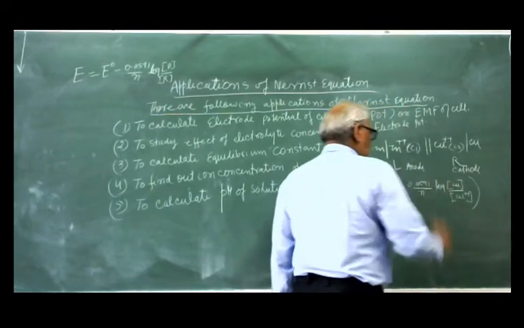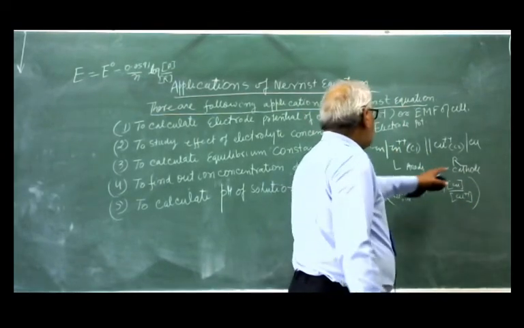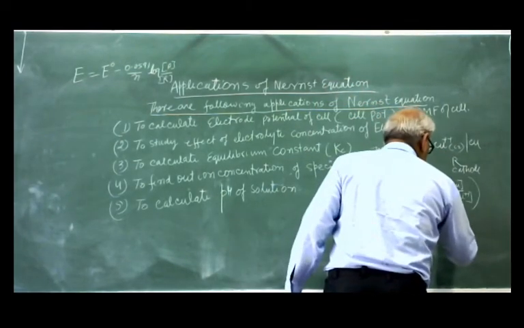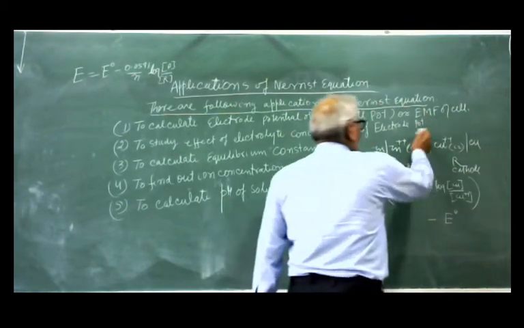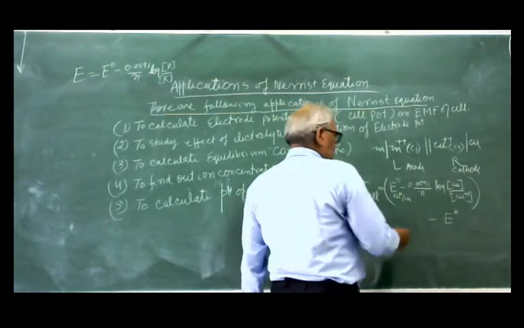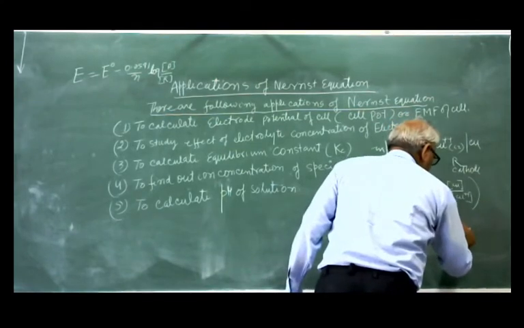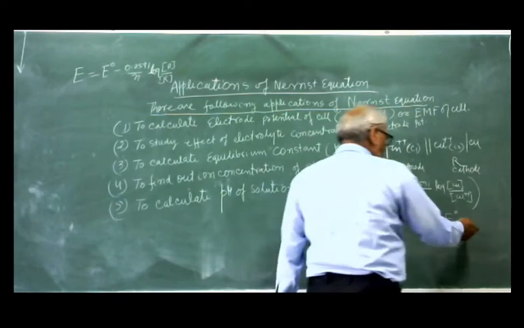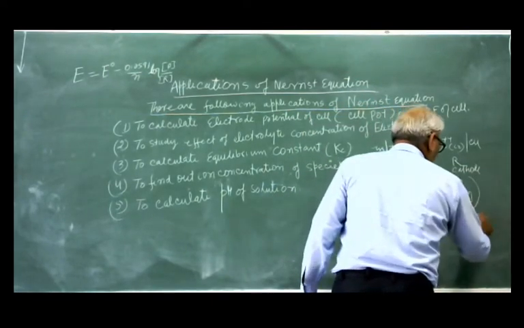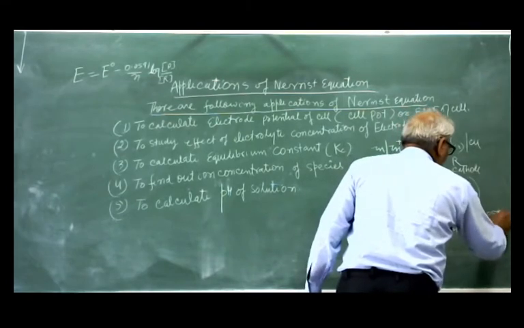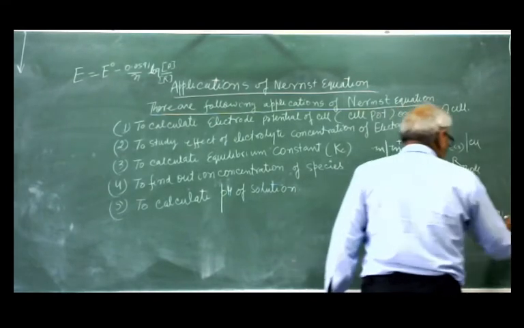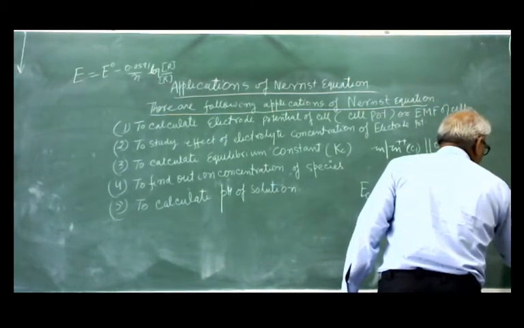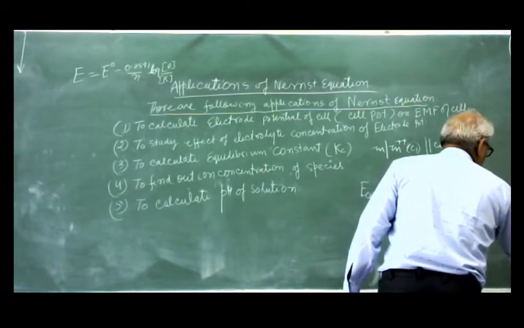This is one half cell. Now minus E0 of the other half cell, zinc ion to zinc, meaning zinc ion is reduced to zinc, minus 0.0591 upon n log of the concentration of the zinc divided by the concentration of the zinc ion.